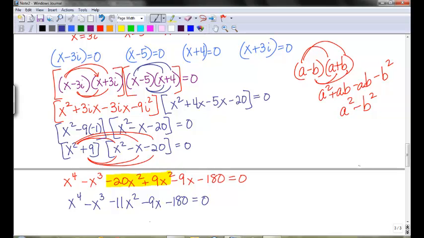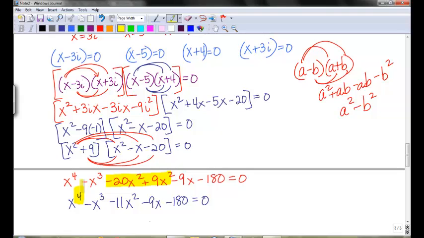So the directions were to find the polynomial equation that has those as answers. If we worked it backwards, we would factor it back into those and get those 4 answers. This tells you how many answers there are. There are 4. Okay? It just happens that 2 of them are imaginary and 2 are real.